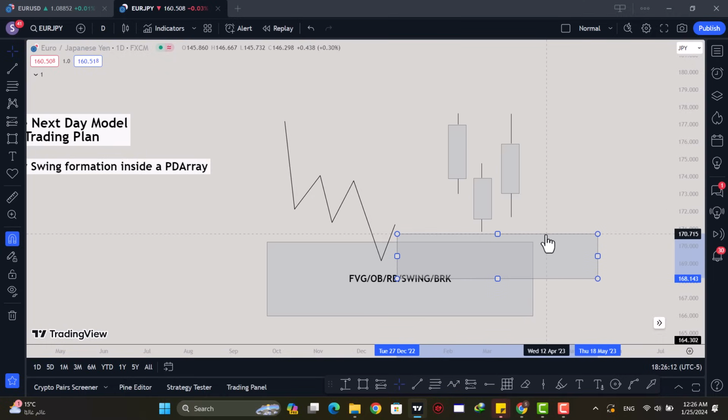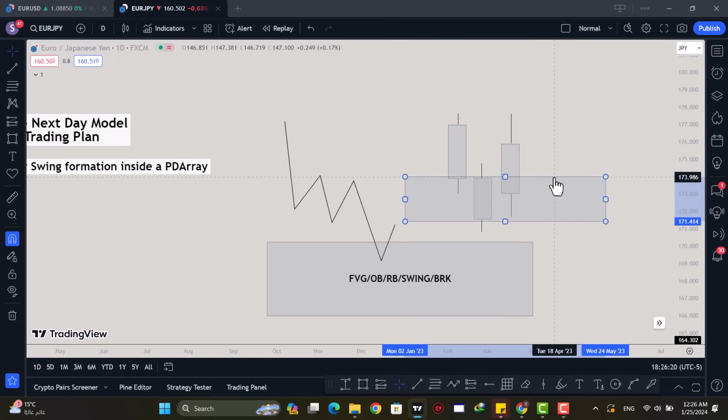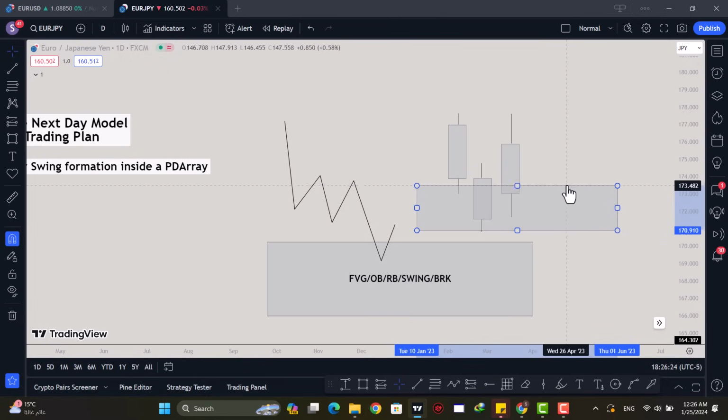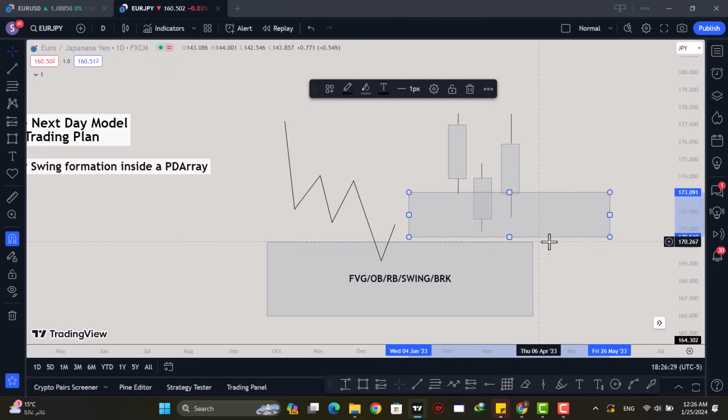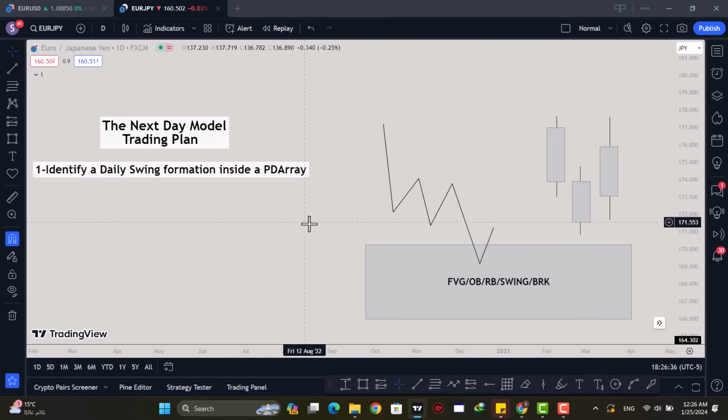This is not valid. So valid, valid, not valid. If it's an order block, this is not valid. If it's a fair value gap, this is absolutely valid. If it's an order block, basically we cannot trade below that order block. All right. So that's what we mean by inside a PD array.